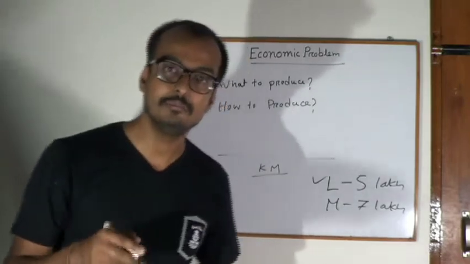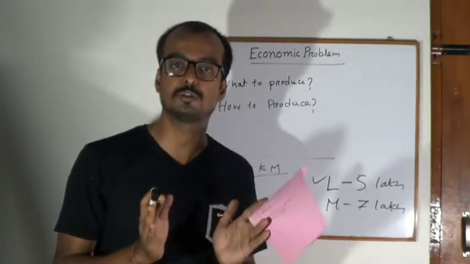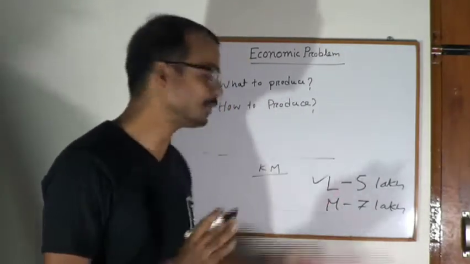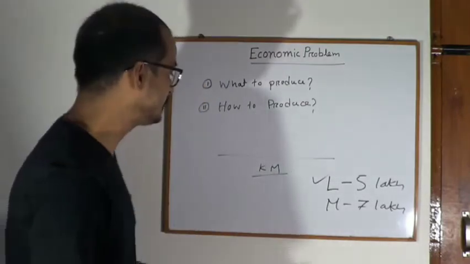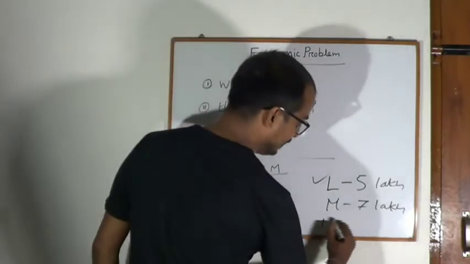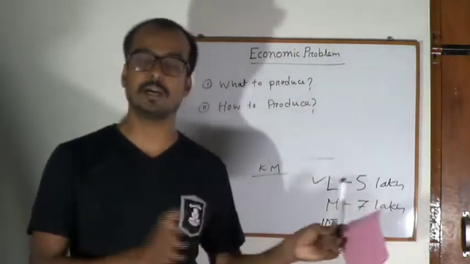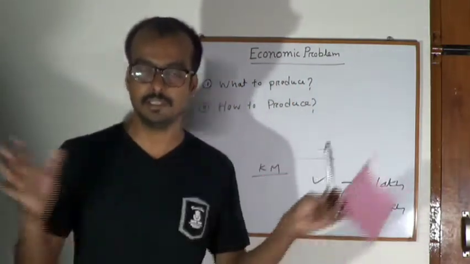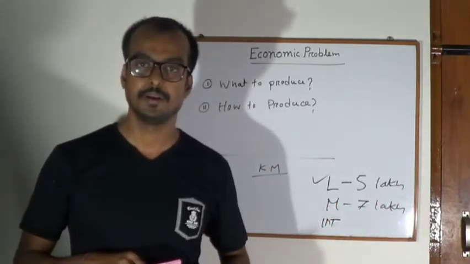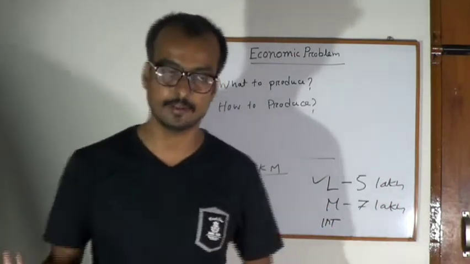Again, why? Because you have limited money, limited resources to spend. So you have to make a choice between these two. Actually not these two, there is another that is called intermediate technology. Intermediate technology means where you use some labor and machine in a mixed way. That is another option.